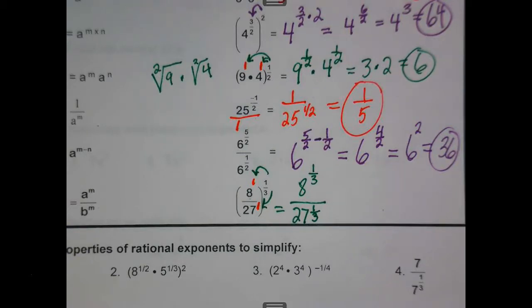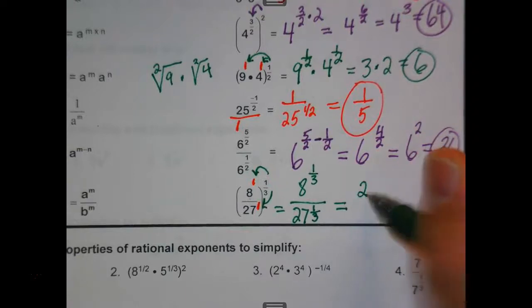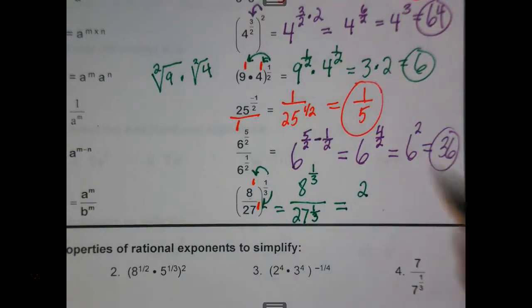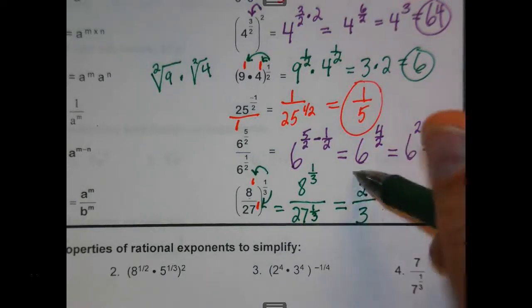Instead of square root. These two numbers are perfect cubes. Yes. 8 is 2 cubed, and 27 is 3 cubed. So I end up with 2.